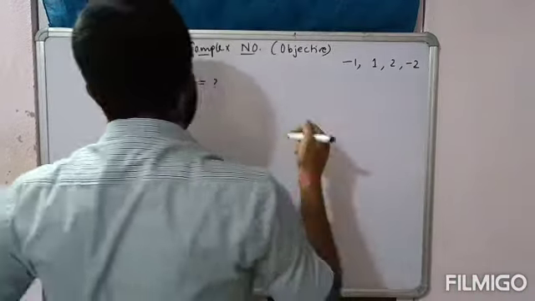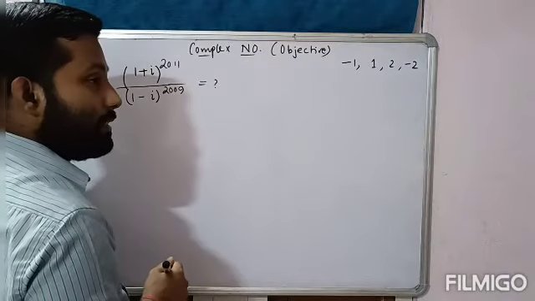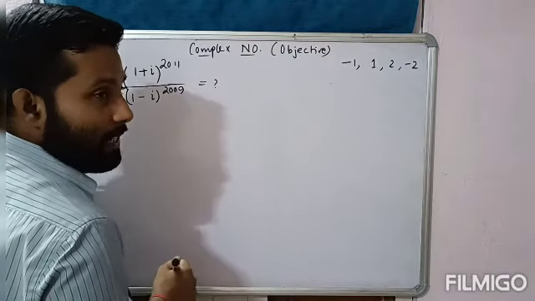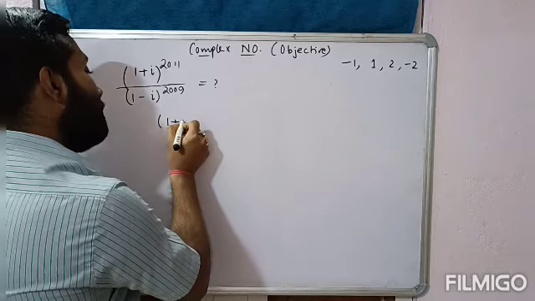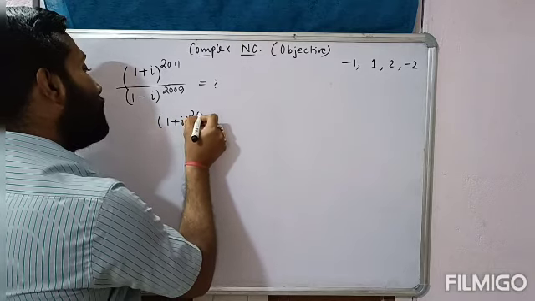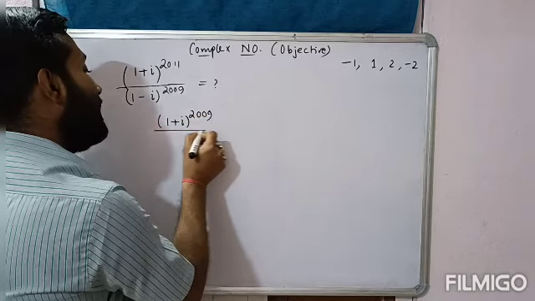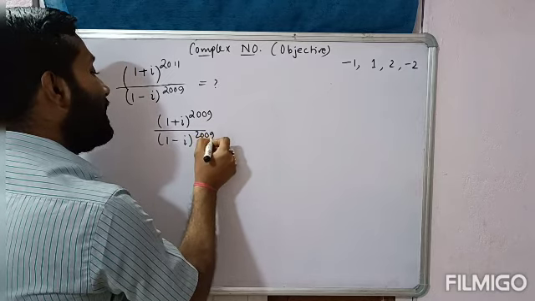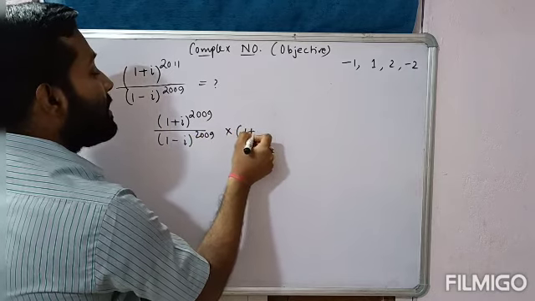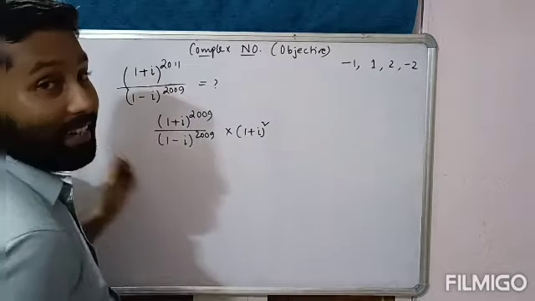So since the numerator exponent is greater than the denominator exponent, it can be written as (1 plus i) to the power 2009 divided by (1 minus i) to the power 2009, into (1 plus i) whole square also we can write.